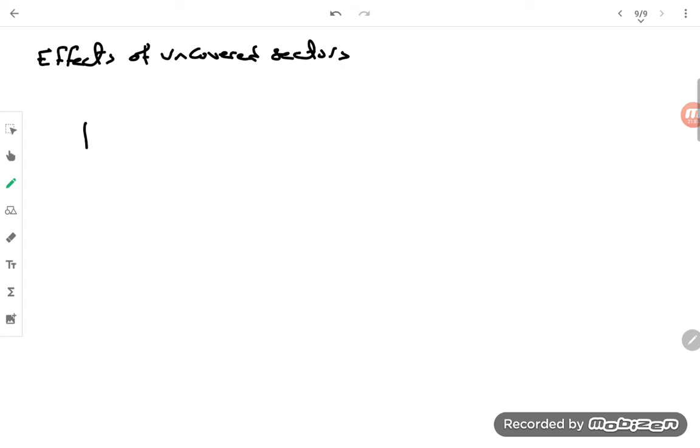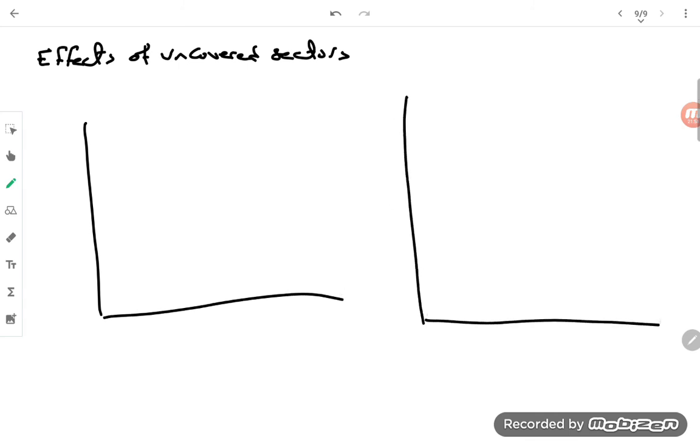Here are two panels. In the left-hand side, it is the covered sector. And in the right-hand side, it is the uncovered sector.